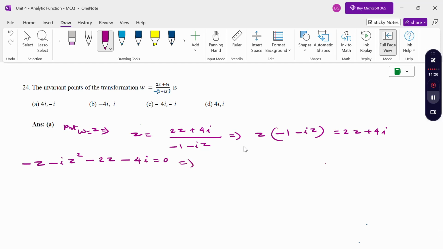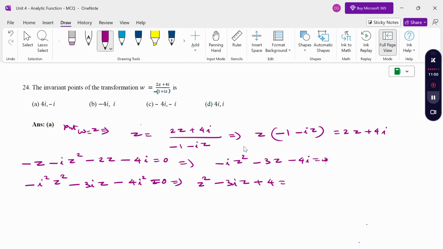From this equation, minus iz square minus 3z minus 4i equals 0. When I multiply by i, minus i square z square minus 3iz minus 4i square. Therefore i square is minus 1, so z square plus 3iz plus 4 equals 0.